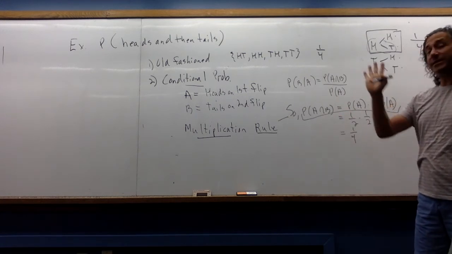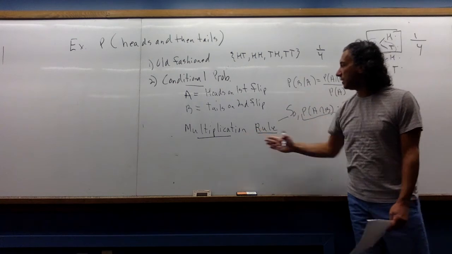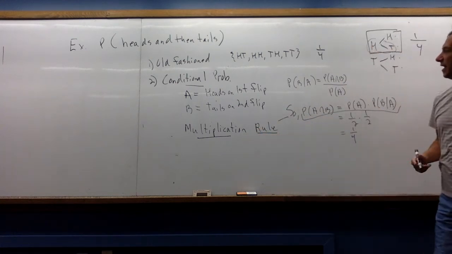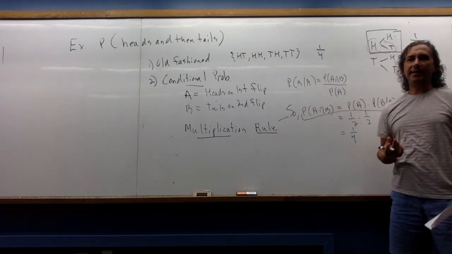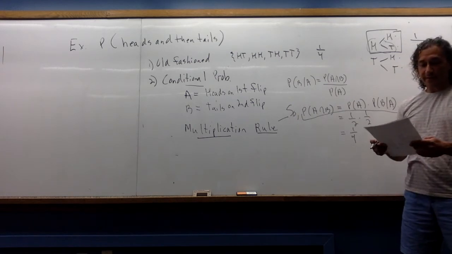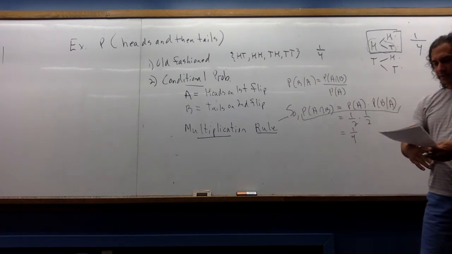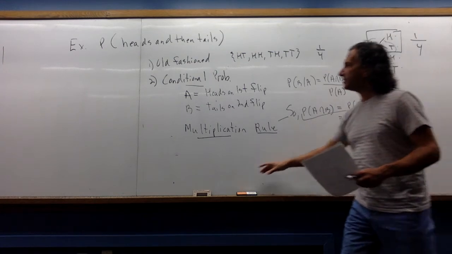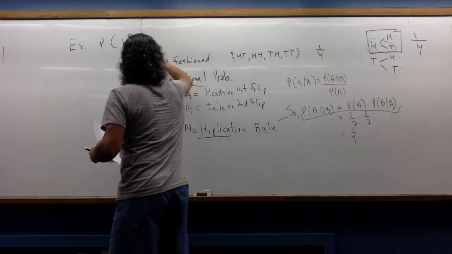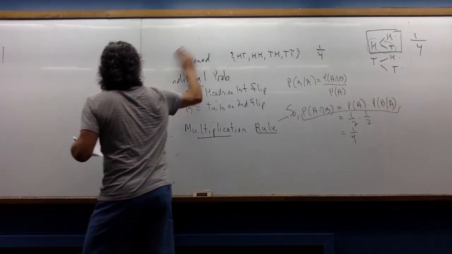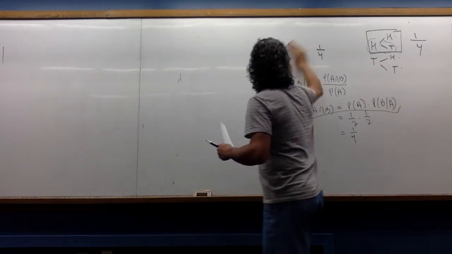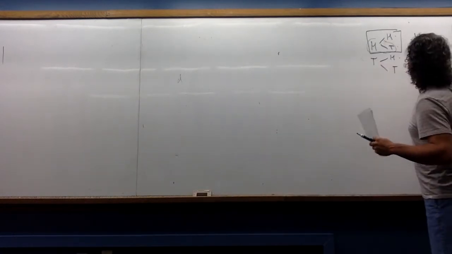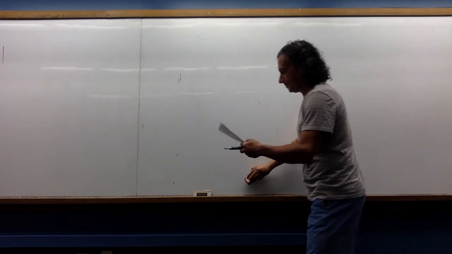So the multiplication principle is that. The multiplication rule is this business of thinking about an AND probability in terms of conditional probabilities. Okay, so let's do one more example to hammer this home, and then we'll do a more complicated example, and we'll see how the multiplication rule is extremely powerful in helping us solve probabilities.